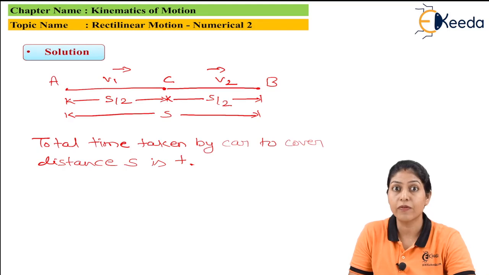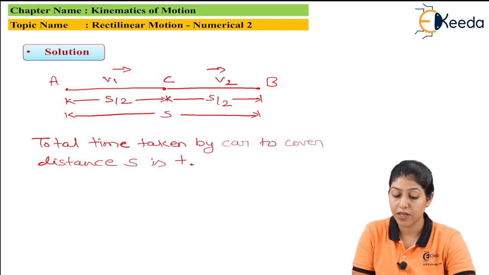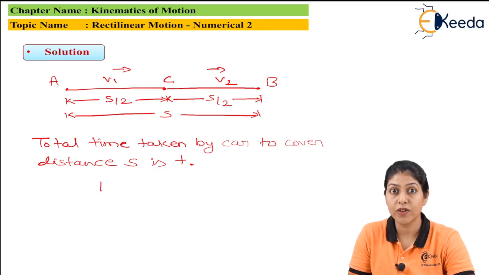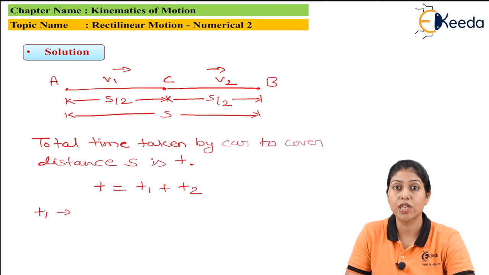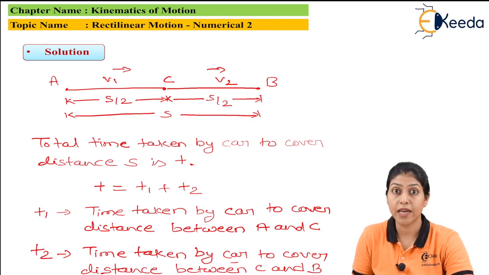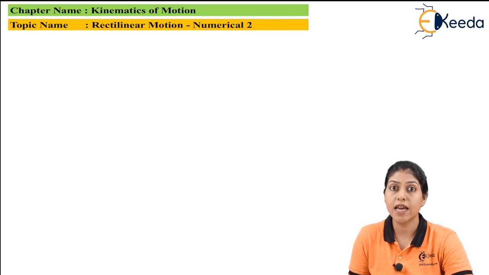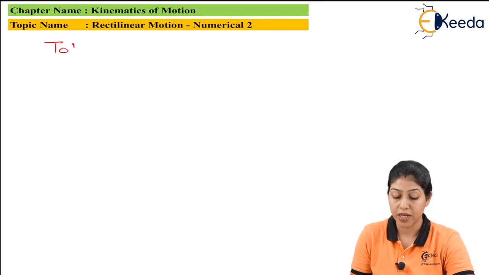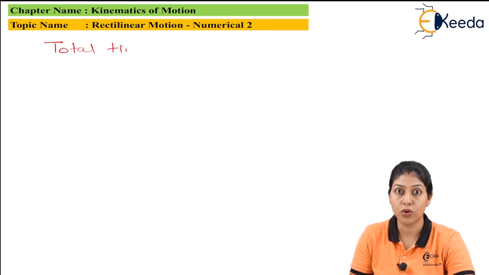T1 is the time taken by the car to travel between A and C, and T2 is the time taken between C and B, so T equals T1 plus T2.